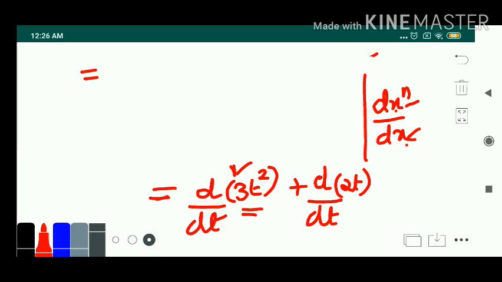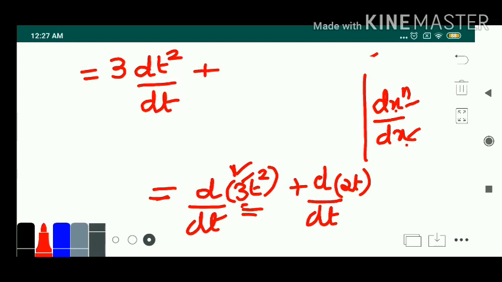Can I make it into a smaller function? No. Constant terms cannot be differentiated. Differentiated means can you make it into a simpler, smaller value with respect to time? No. 3 doesn't depend upon time. So 3 goes out, and it is d t squared by dt.